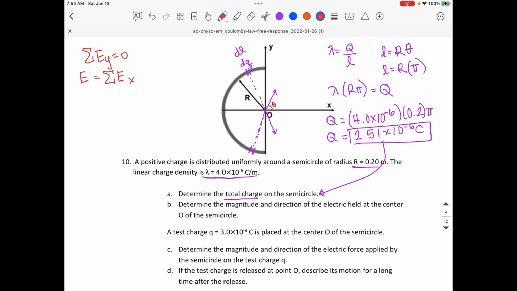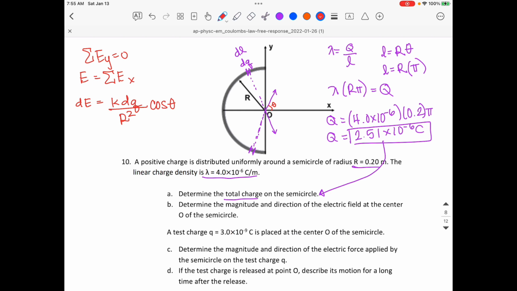Since we're working with subsections of our ring, we are going to take a small portion of the electric field using a small portion of our charge, and that's going to be part of our equation. The radius here is nice because it's actually the radius of the circle, so capital R squared, and since we're only working with the x component, it's going to be cosine theta.